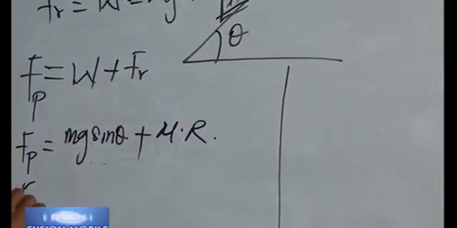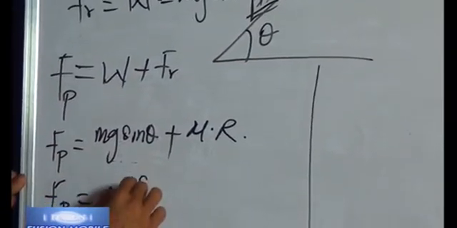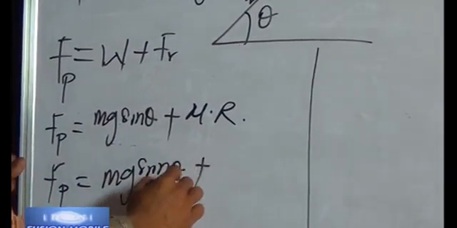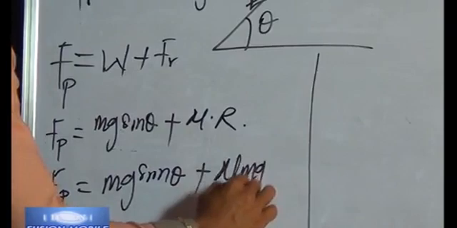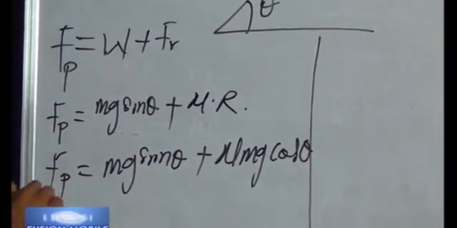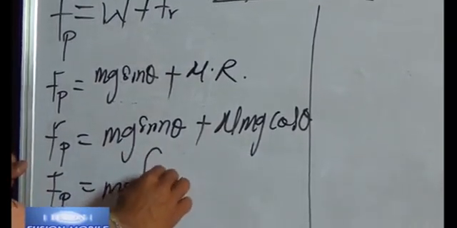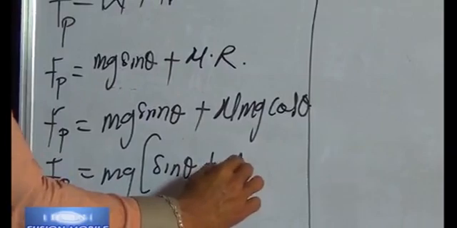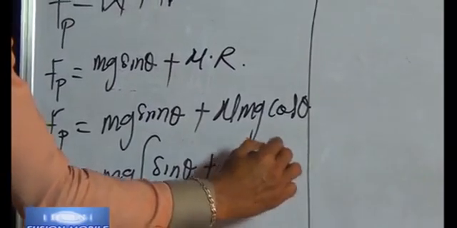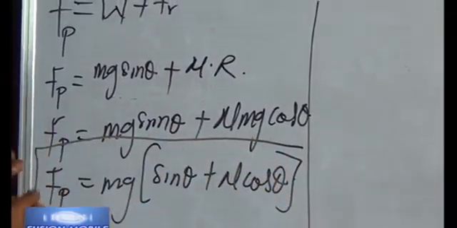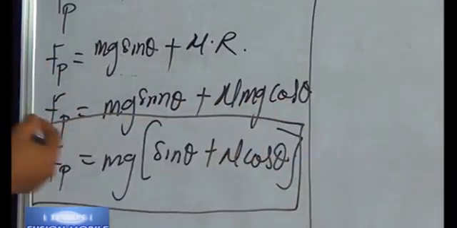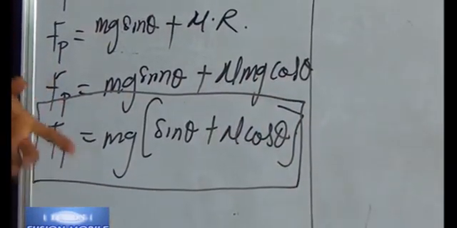So we'll say that pushing force, Fp, is mg sine theta plus mu mg cos theta. Mg can come out of the bracket so that we have pushing force equal to mg, all bracket, sine theta plus mu cos theta.